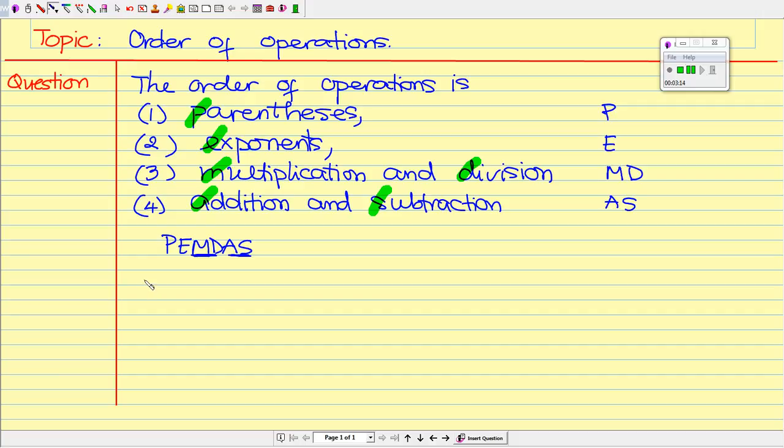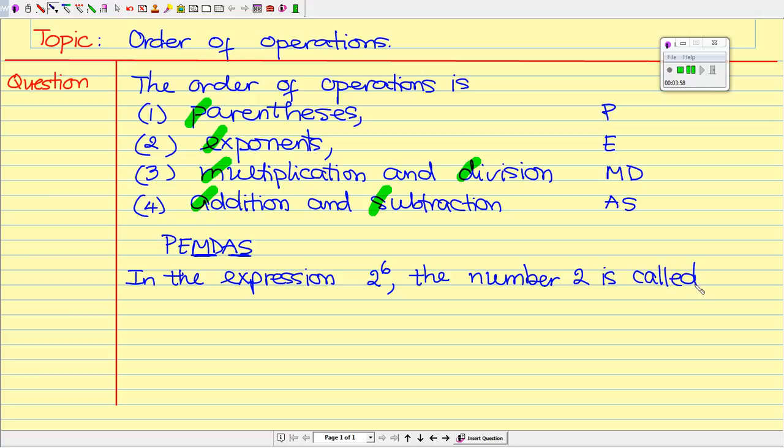Now before I begin with the example, let me review what is the base and what is the exponent. Okay, so in the expression, let's say I have 2 to the power 6. The number 2 is called the base.